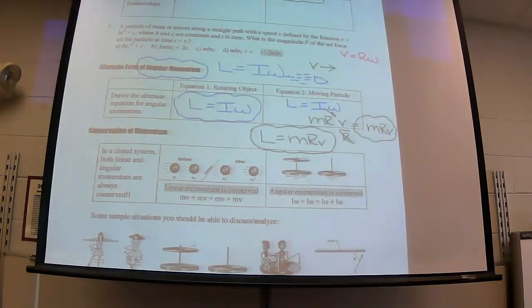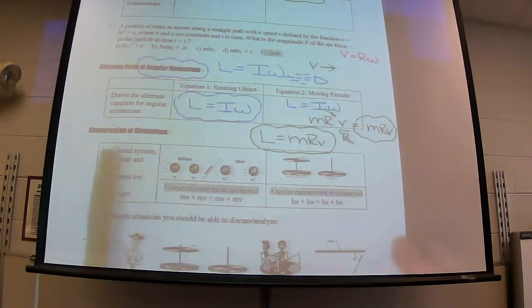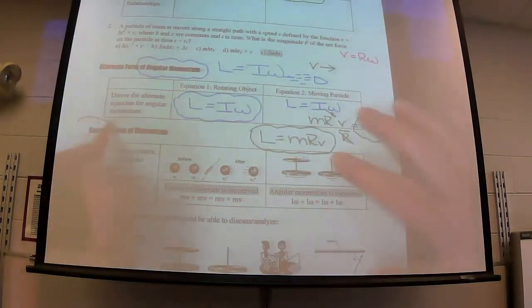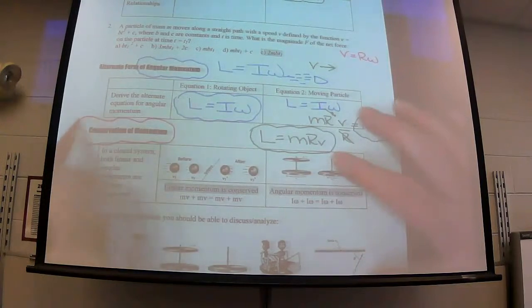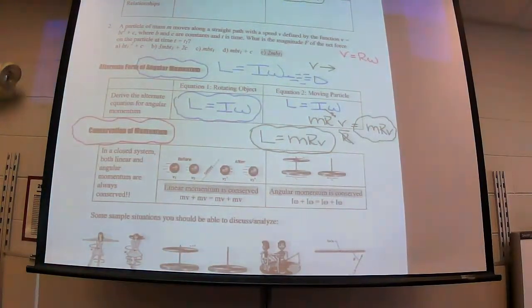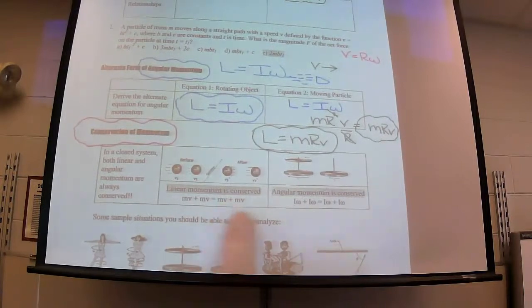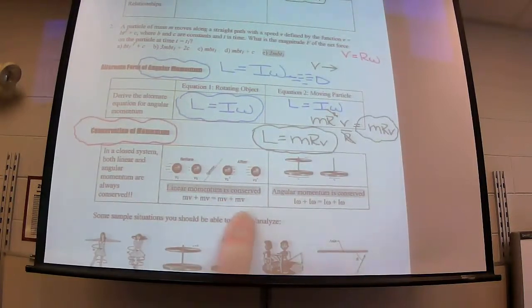Okay. So moving to what we're going to do with all of this, the big topic is going to be conservation of momentum. We're going to review old momentums later. mv plus mv equals mv plus mv, blah, blah, blah.